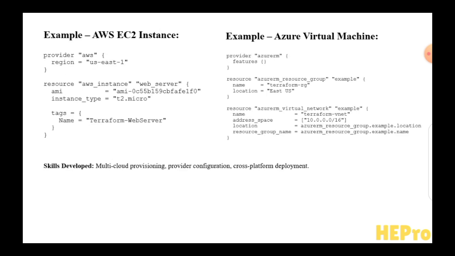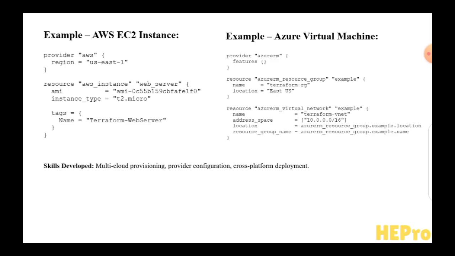In this step, you will start by provisioning cloud resources using Terraform for different providers. For AWS, you define a provider, aws, with a region, and then an aws_instance resource specifying the AMI, instance type, and tags. This launches an EC2 instance automatically when you apply the configuration. For Azure, you first define the azurerm provider, then create a resource group and a virtual network with its address space and a location.